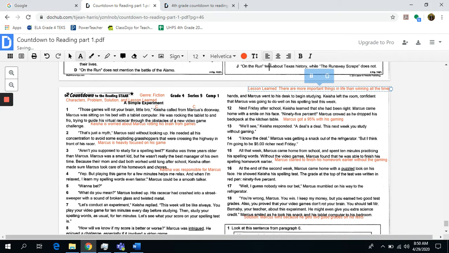And I say that because we see that even though Marcus doesn't really win, he learns something through science, through his experiment, that games don't rot your brain.